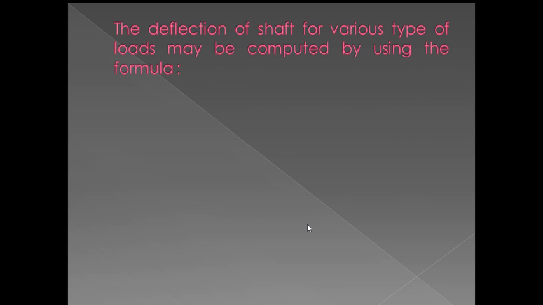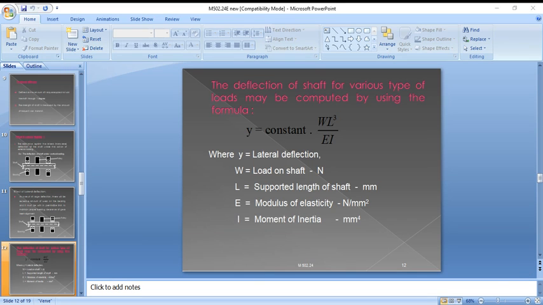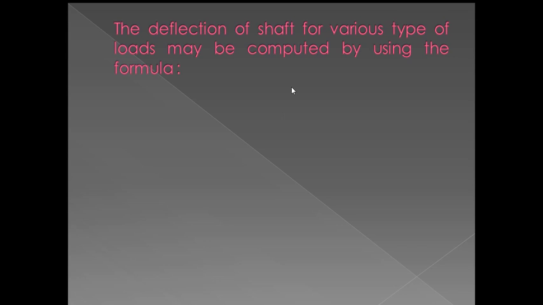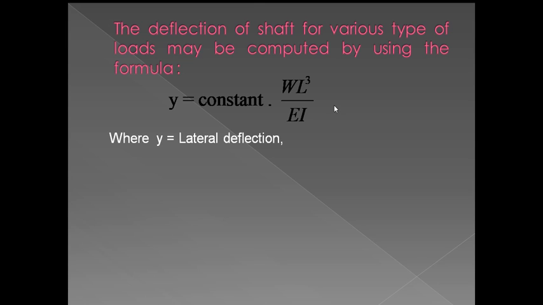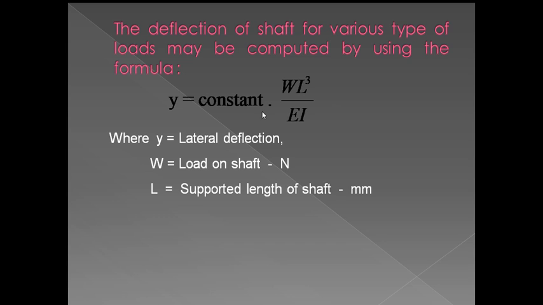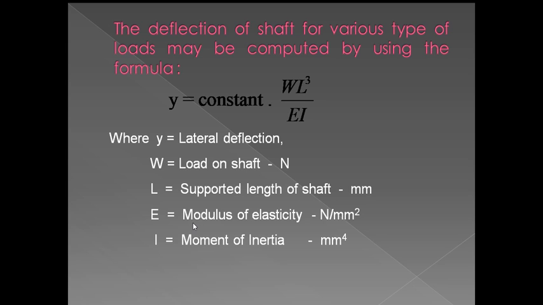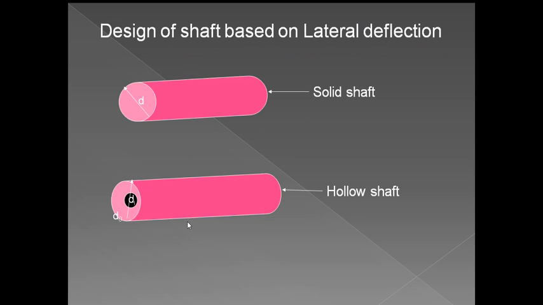The deflection of shaft for various types of loads may be computed by using the formula y equal to constant into W L cube by E I. Here y is the lateral deflection, W is the load on shaft in N, L is the supported length of shaft in mm, E is the modulus of elasticity in Newton per mm square, and I is the moment of inertia in mm power 4.